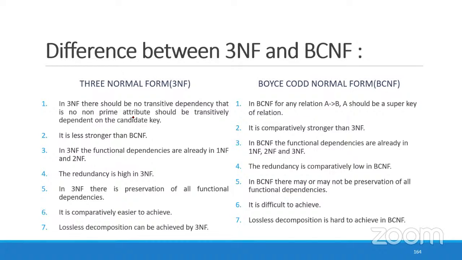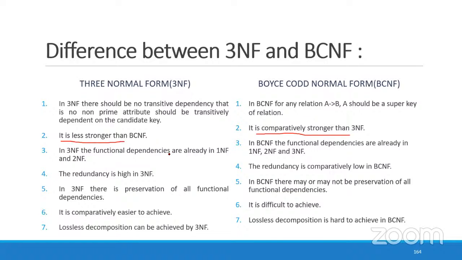In Boyce-Codd normal form, in a functional dependency A to B, A should be a super key of the relation. Which is the stronger one? Boyce-Codd normal form is stronger than third normal form; compared to BCNF, third normal form is less strong.